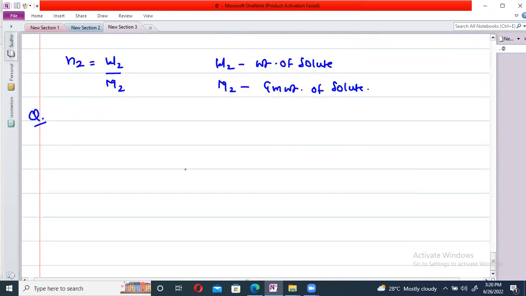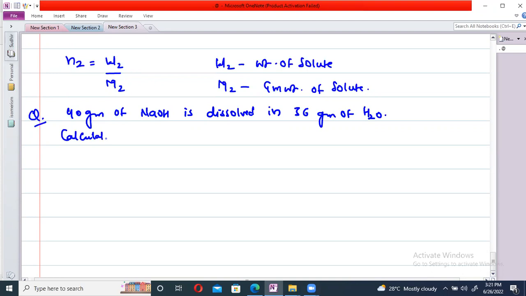Okay, one question we'll do based on this part. We have 40 gram of NaOH dissolved in 36 gram of water. Calculate the mole fraction of NaOH and the mole fraction of water.